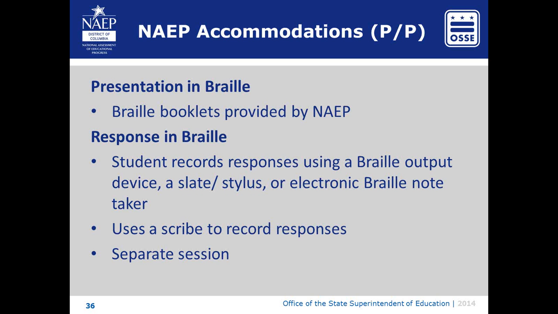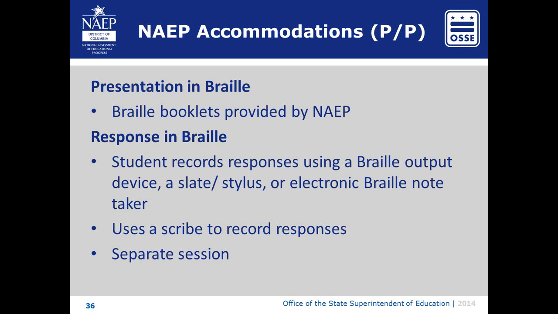NAEP provides a specially processed version of the assessment booklet written in Braille for visually impaired students. The response in Braille accommodation requires that a visually impaired student records his or her responses using a Braille output device, a slate and stylus, or an electronic Braille note taker provided by the school, or uses a scribe to record the responses.